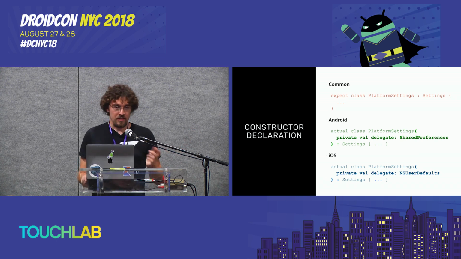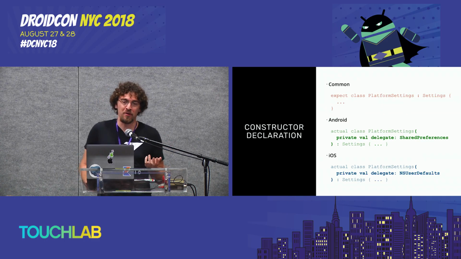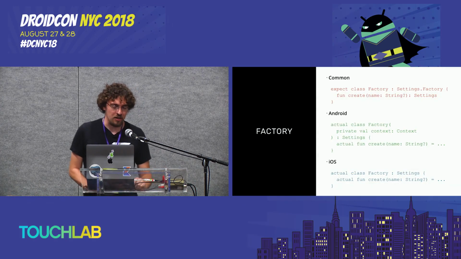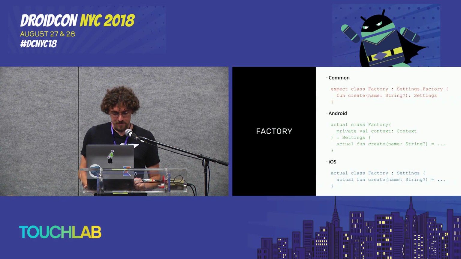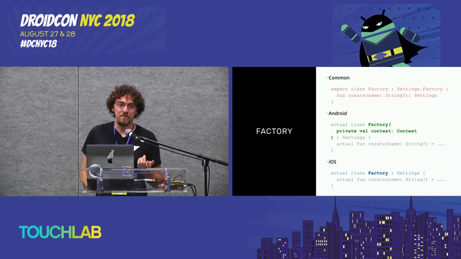The only reason for that is because in my particular case, I needed to have this platform-specific dependency. If you're building your own thing, you may be able to get by with just instantiating it from your common code. To make this a little bit easier, I also added this factory class. The reason this is hard is that Android needs a context.